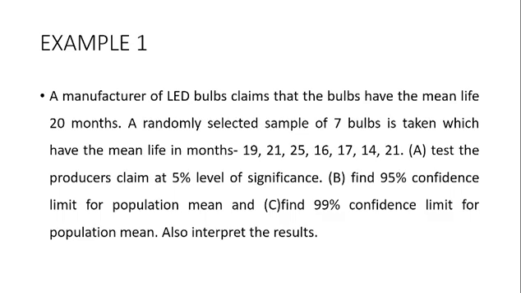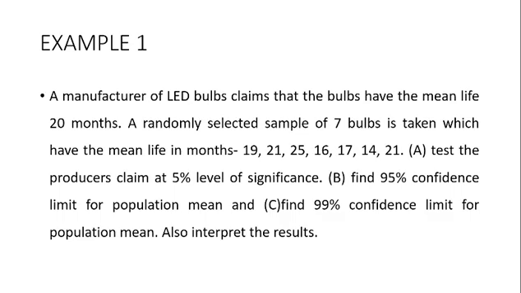A randomly selected sample of 7 bulbs is taken, which have mean lives in months of 19, 21, 25, 16, 17, 14 and 21. So a sample is drawn from the population. The number of values in the sample is 7, and the values of the sample are given.